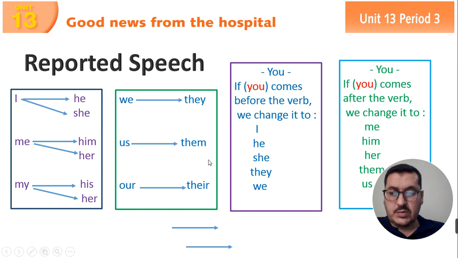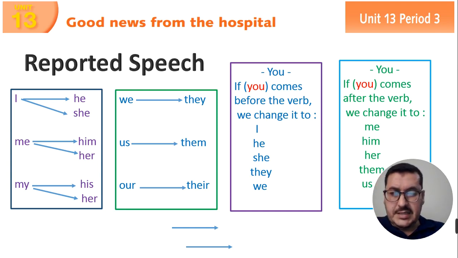When we have us, we change it to them. And when we have our, we change it to their. And be careful when we have you: when you comes before the verb, we change it to I, he, she, they, we. And when it comes after the verb, we change it to me, him, her, them, and us, according to the speaker, by the way.